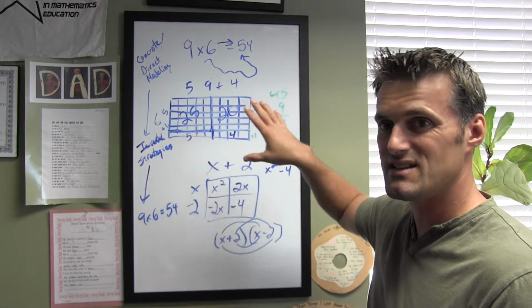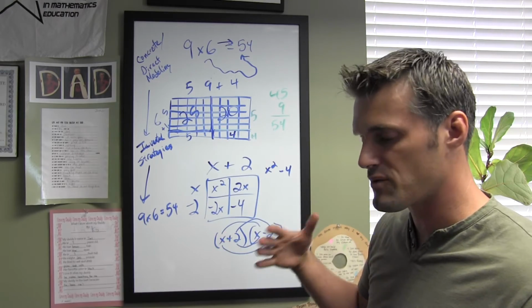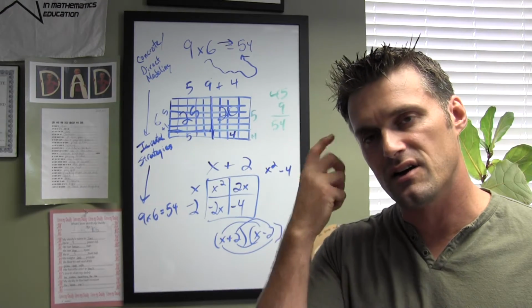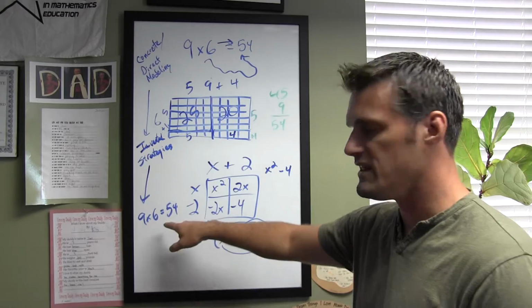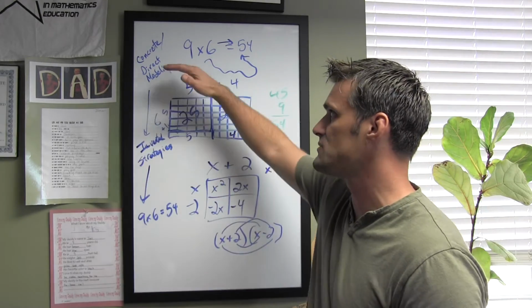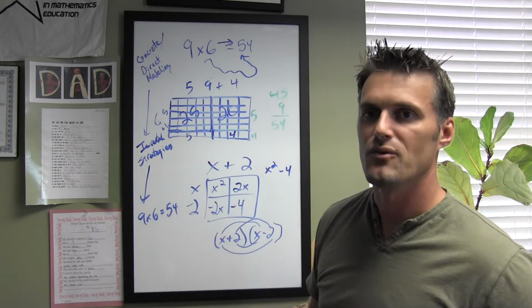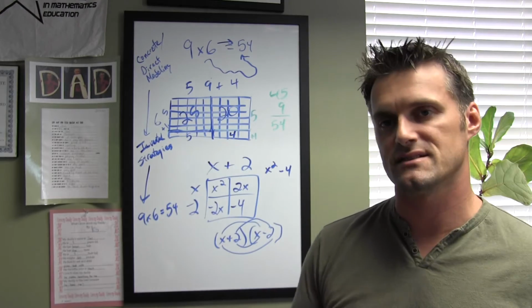The foundation is understanding that these numbers represent an array, a rectangle, an area. So I have something concrete attached to this fact in my head. Let's build the facts with concrete knowledge, representational knowledge, and then when we get there, we really understand it. We're not just memorizing something.